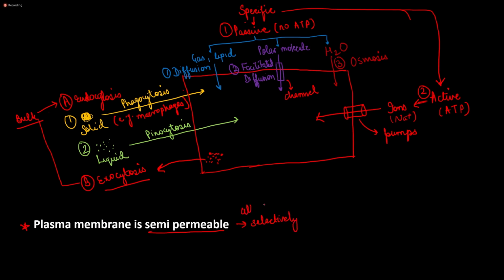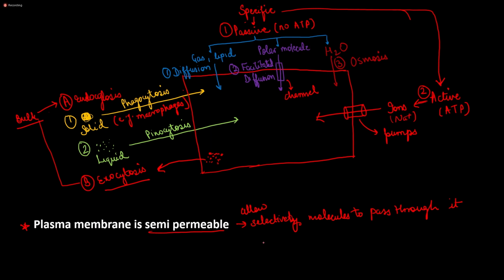So it acts as a barrier which allows selective molecules to pass through it. And because of this reason, this is known as a semi-permeable membrane.